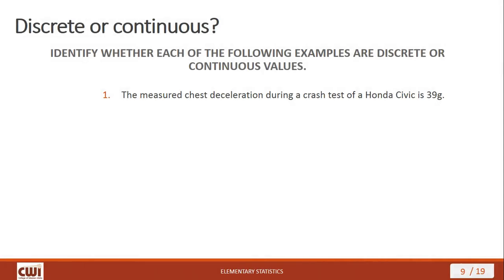So now that we've gone through and looked at the difference between discrete and continuous data, let's go through a little exercise to see if we understand the difference. And if we don't, then this exercise should help us to hone down and fill in our knowledge gaps. So the first example we have here is the measured chest deceleration during a crash test of a Honda Civic is 39 g.